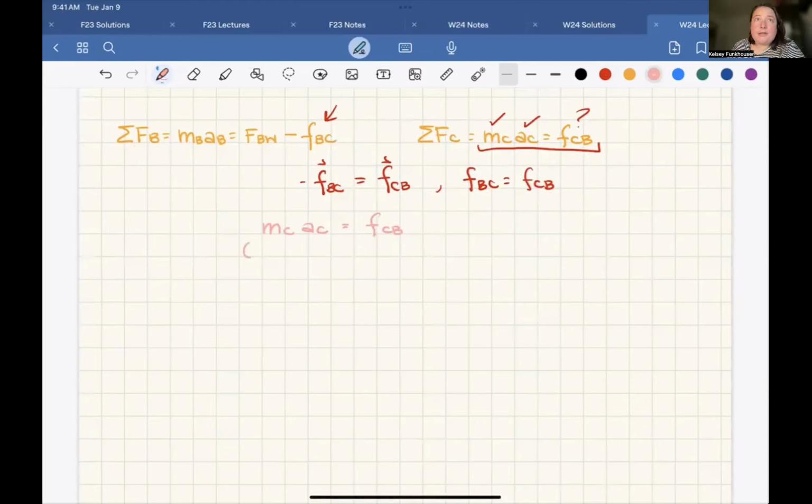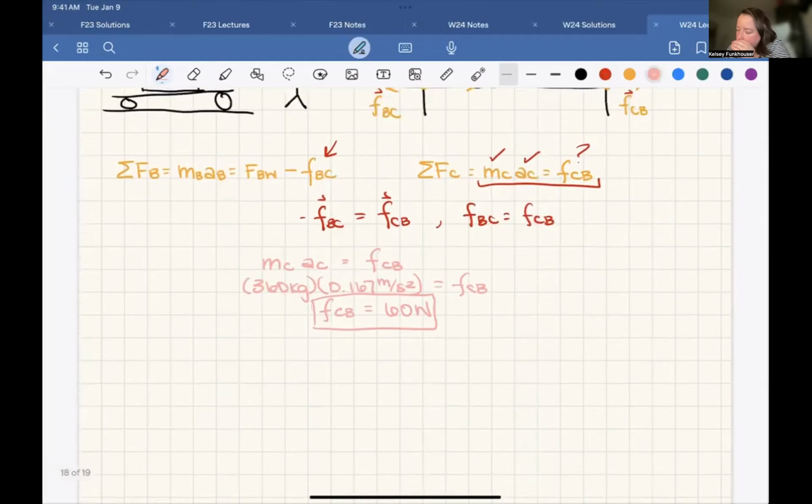Let's plug in our numbers: 360 kilograms for the cart. The acceleration of the cart is 0.167 meters per second squared. And that gives us the force between the two, the friction force between them is 60 newtons.